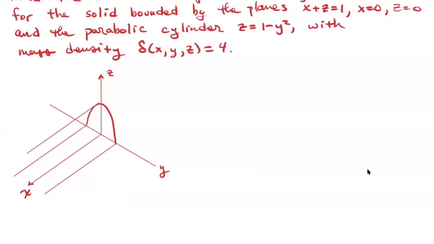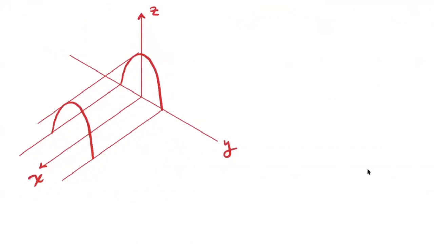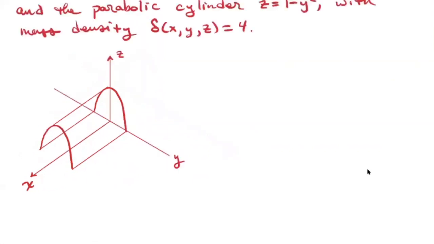Just to help you see this, I'm going to probably have to erase some of this, as you'll see. Okay, so that's my parabolic cylinder there. I'm going to get rid of some of these guidelines. A lot of this is going to get erased, just FYI. Don't get too attached to it. Oops, I didn't want to erase that. Okay, so that's my parabolic cylinder.